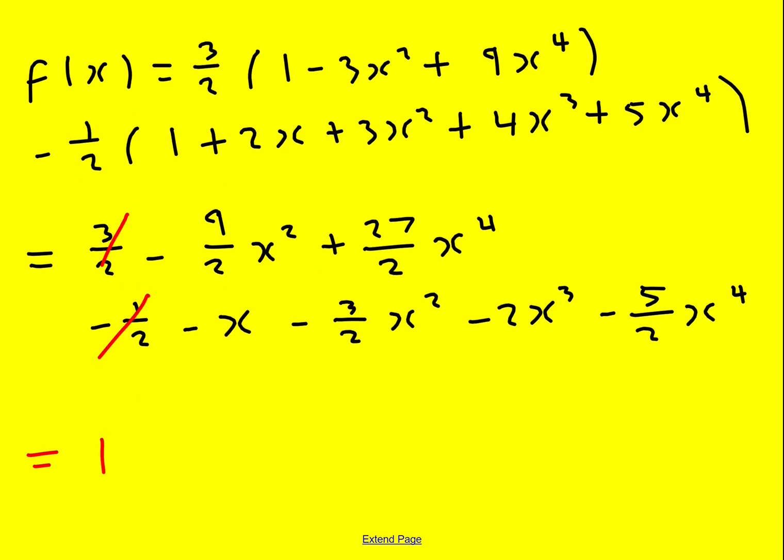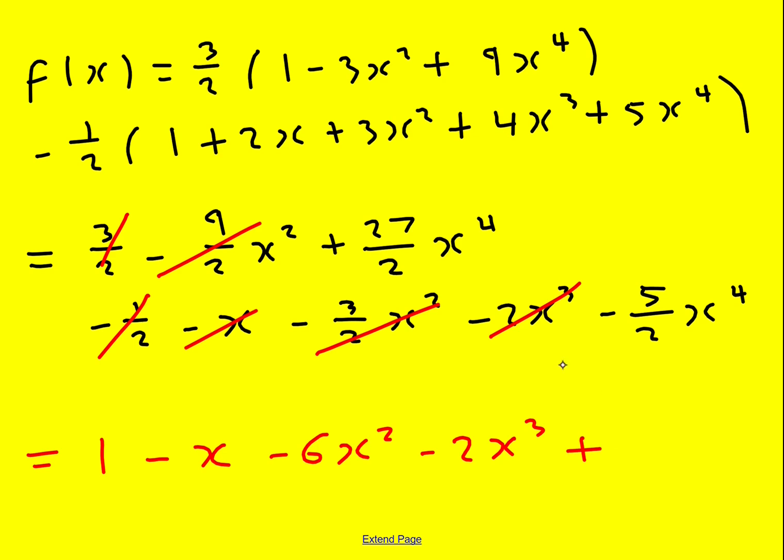So these become 1. Oh wait, sorry, jumped into this a bit, so it's just a minus x term by itself here. I'm just crossing them off to know I've dealt with them. This is going to leave me minus 12 over 2x squared, so minus 6x squared. And then plus 22x to the 4. So 22 over 2x to the 4.